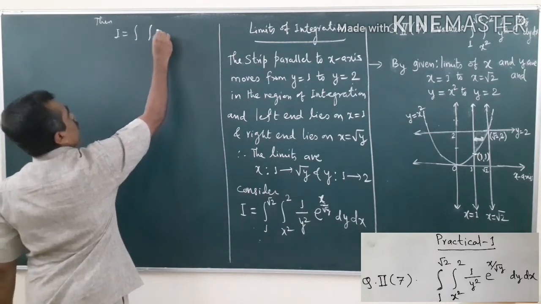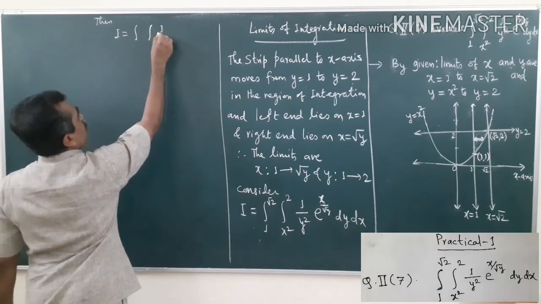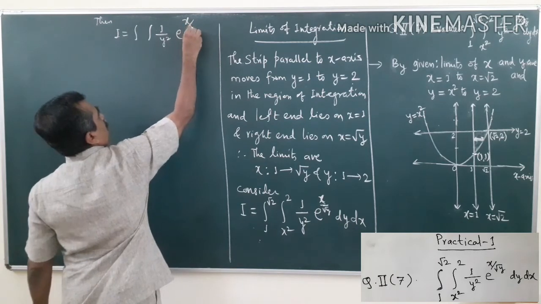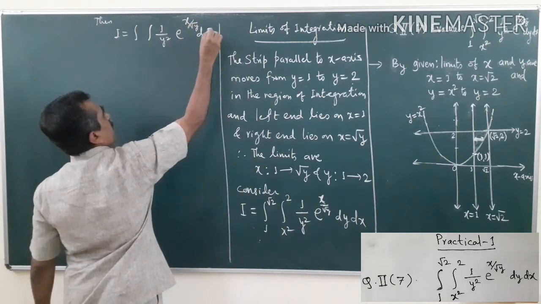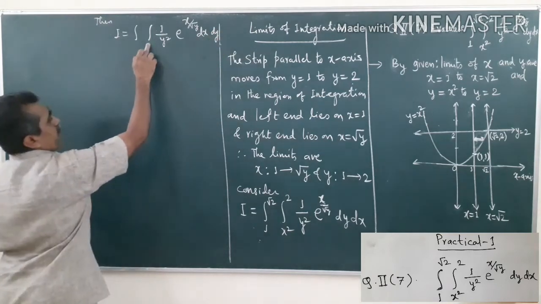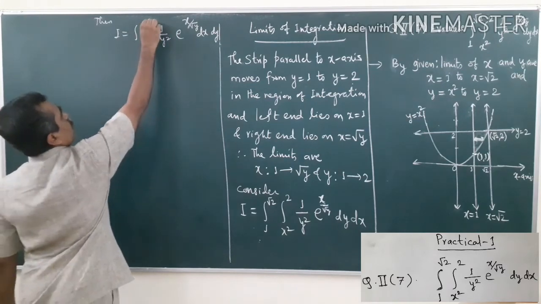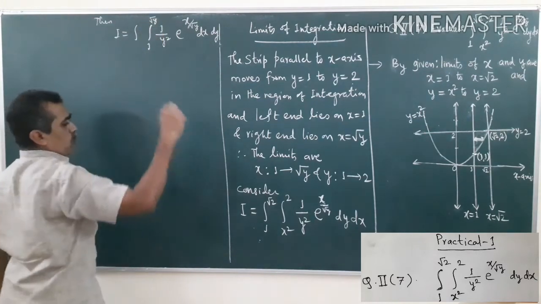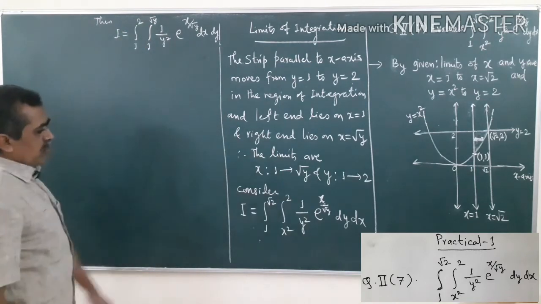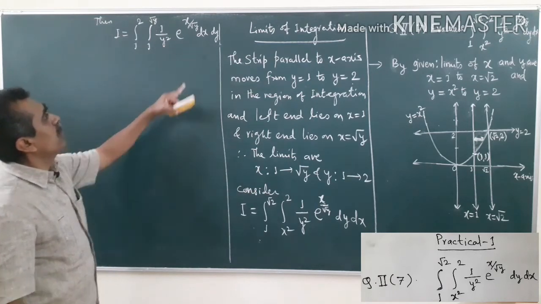The integrand is 1 upon y square e raised to x upon root y. I want to make it first with respect to x and then with respect to y. So, x runs from 1 to root y and y runs from 1 to 2. So, this integral I, by changing the order of integration, can be written like this.